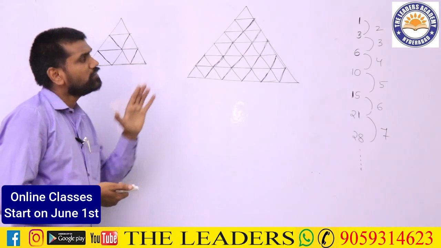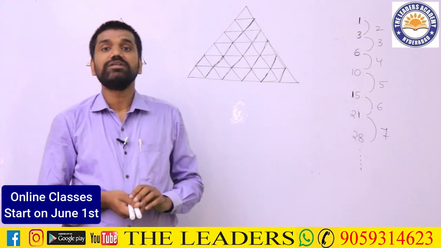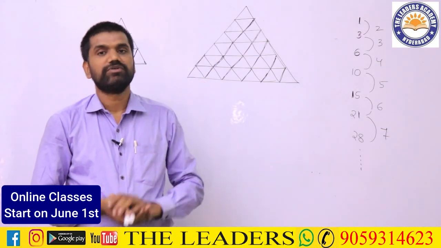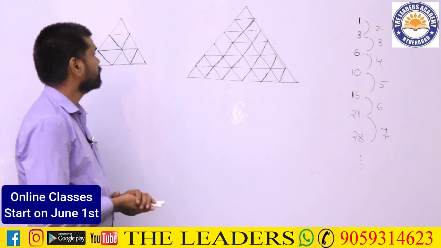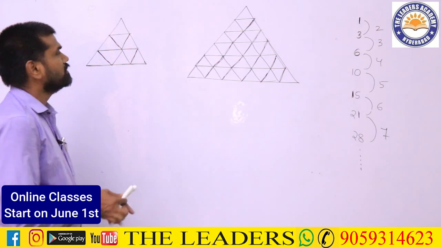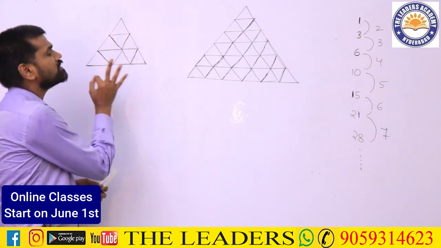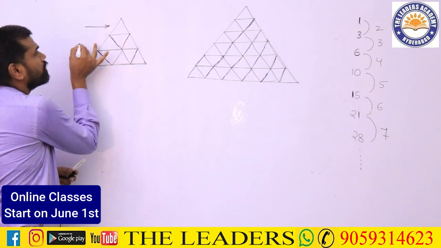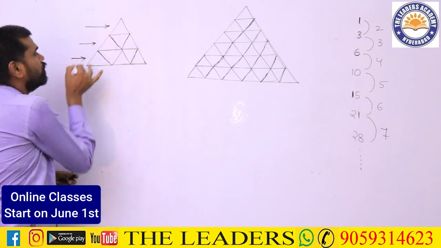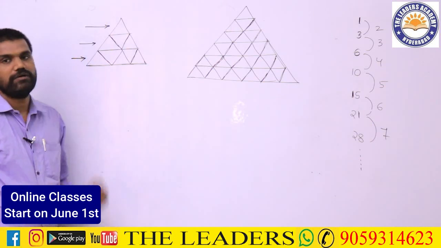Now, how is that sequence going to help us in counting the number of triangles of this particular kind? The only thing you have to keep in mind is to just count the number of layers in this format. Layers are 1, 2, 3. We have 3 layers here.